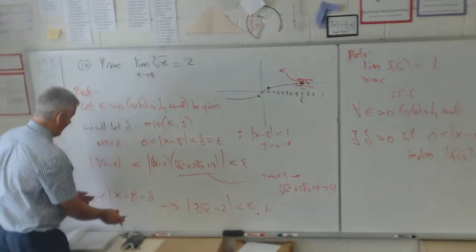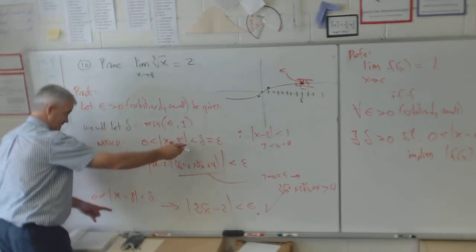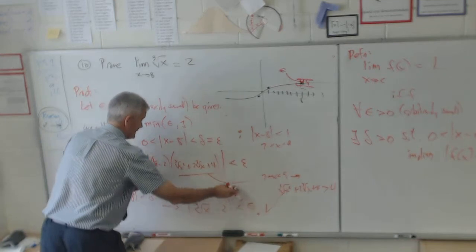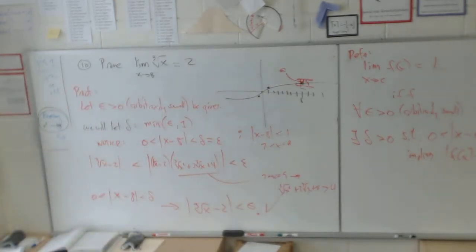And now I have the fact that if you pick a number, a delta, 0 is less than |x minus 8| is less than delta, then it yields that this is less than epsilon. And I've done the proof. We weren't surprised here.